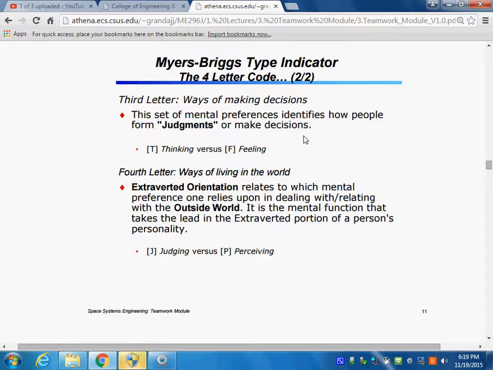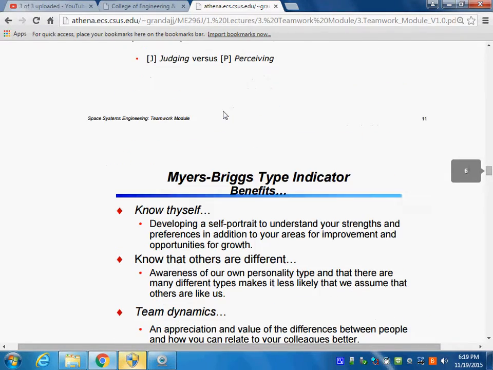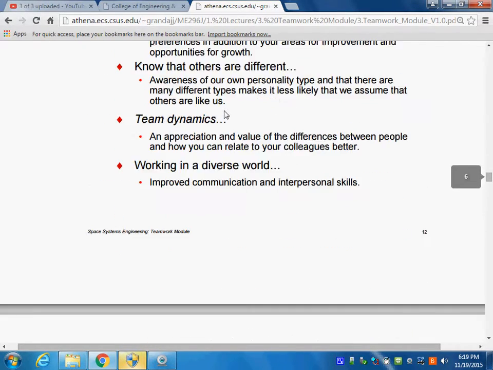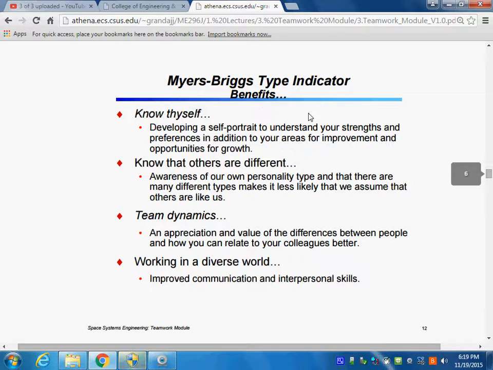Either you judge or you perceive. So to do this, we need to take one of these tests called the Myers-Briggs Personality Indicator. And these are the reasons for doing this.